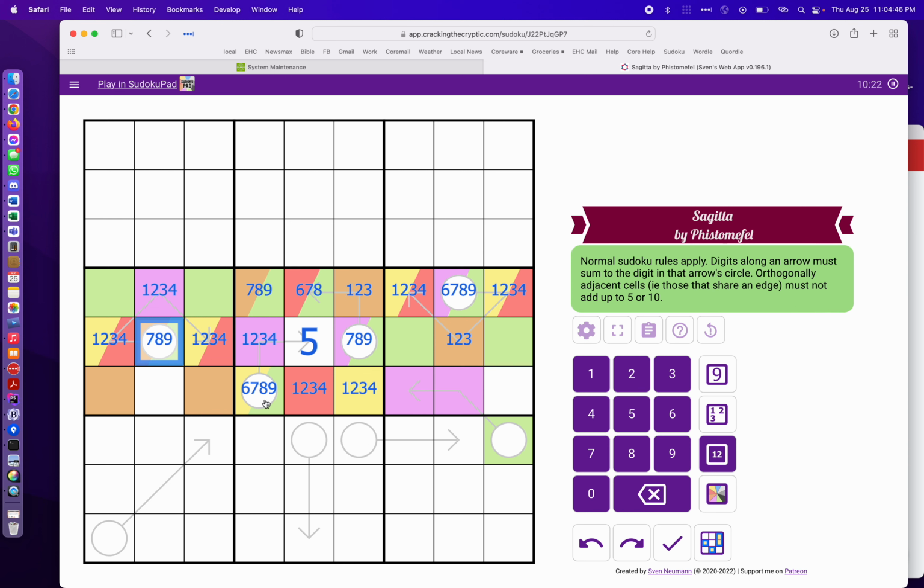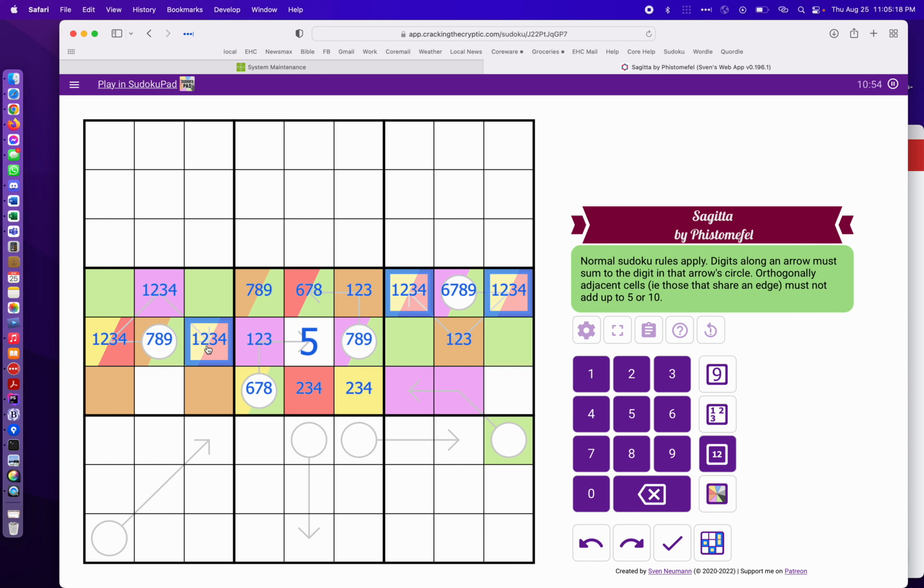Okay, so then purple can't be a 4 because high purple can't be a 6, and that means that high yellow can't be a 9 and yellow can't be a 1. Oh, and high red can't be a 9, so that also can't be a 1. So 4 is in one of those two.